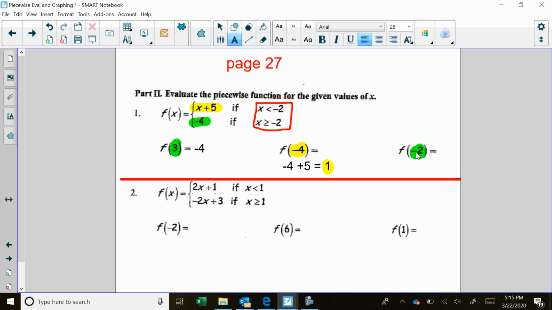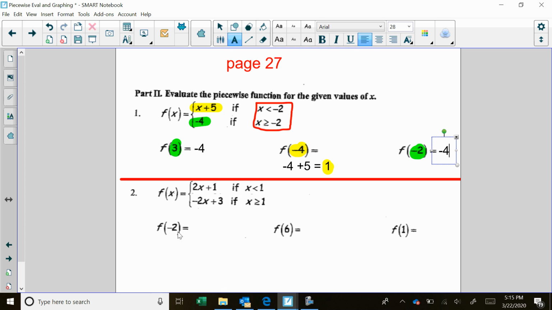And over here on the right, -2 goes into the bottom function. Can't actually put anything into the bottom function, so therefore, once again, the answer becomes -4. So anything that would have gone into this bottom function is going to answer out at -4.